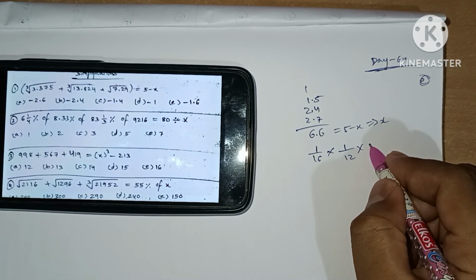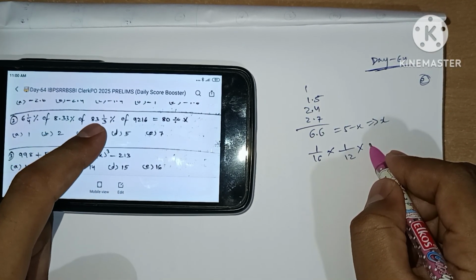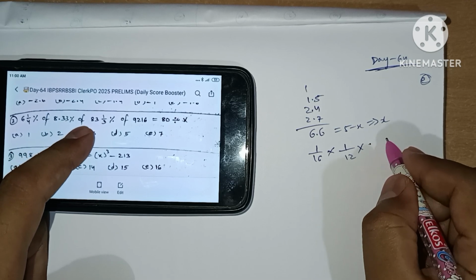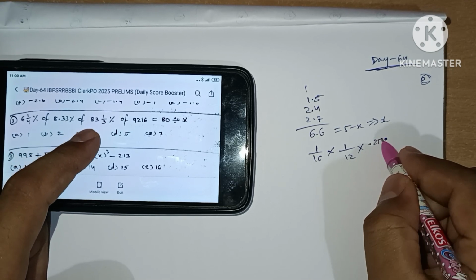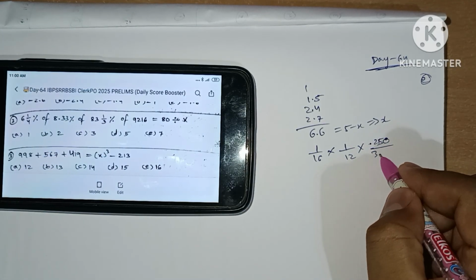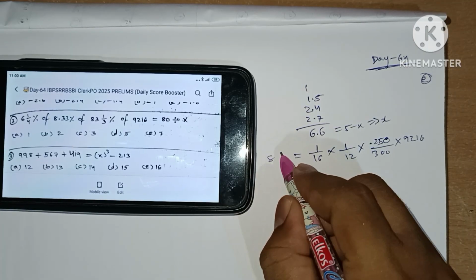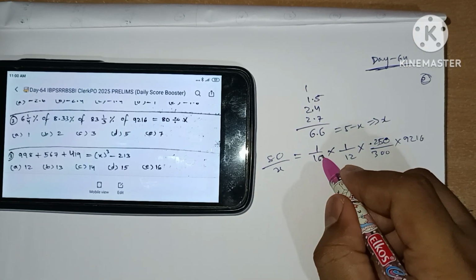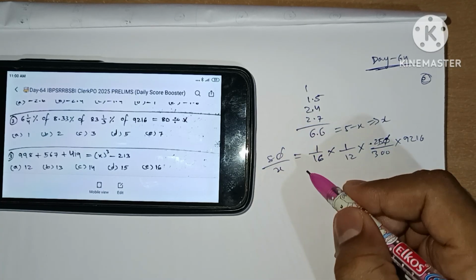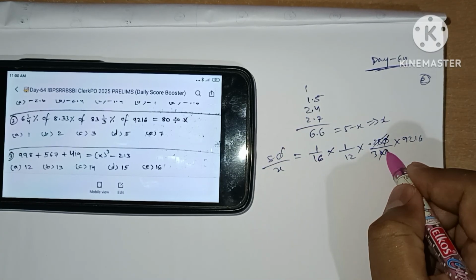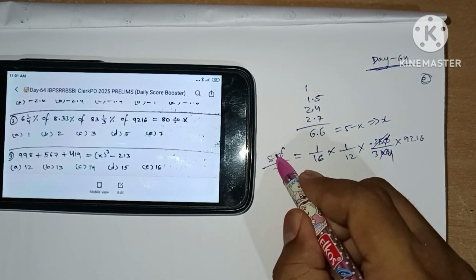What we write is 3 times 9 plus 1, 9 10, 3 8 times 24 25 250 divided by 300 into 9216 whole equals to 80 divided by x. So what we have here is 0 and 0 cancels, 25 4 times, and we see 8.